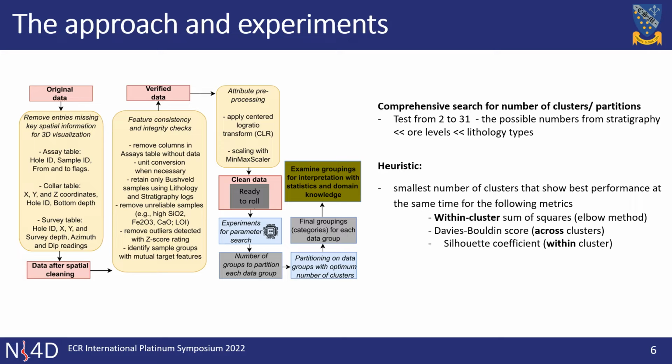Okay, so originally we got data from legacy exploration results that Anglo American had, and we had a substantial part of work associated with cleaning this dataset in terms of what can be actually seen in a 3D environment.